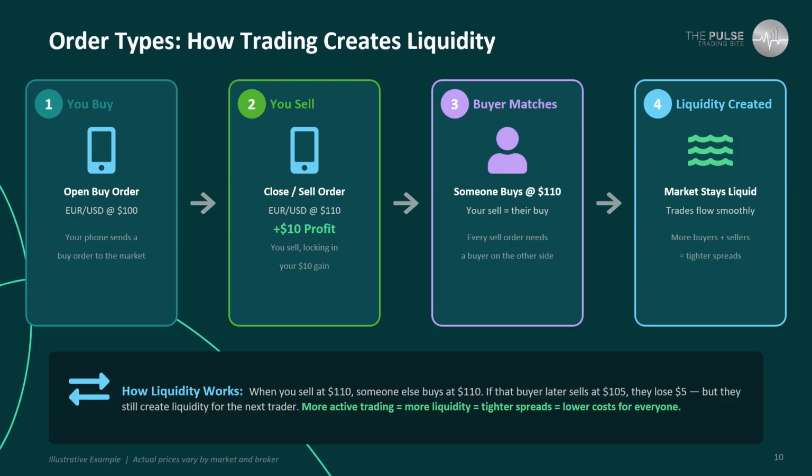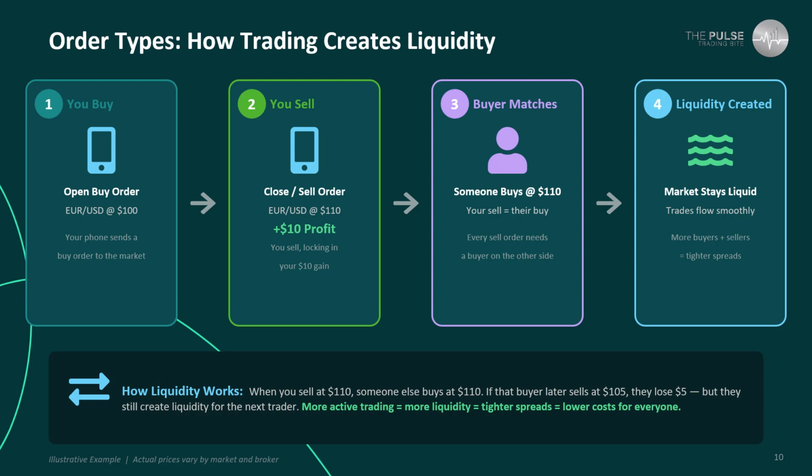So now that is an order. Now he will look for the price that is favorable to him. He bought it at 110, he will not sell it at $100.